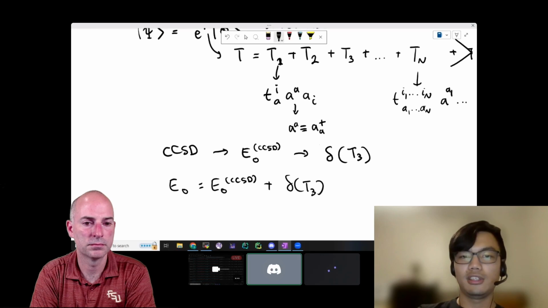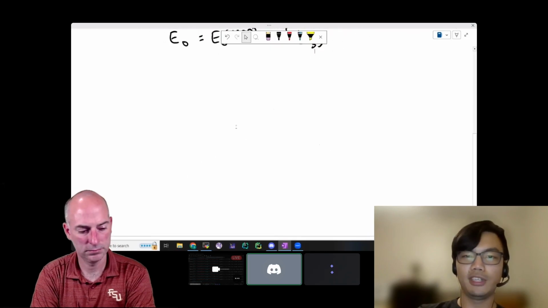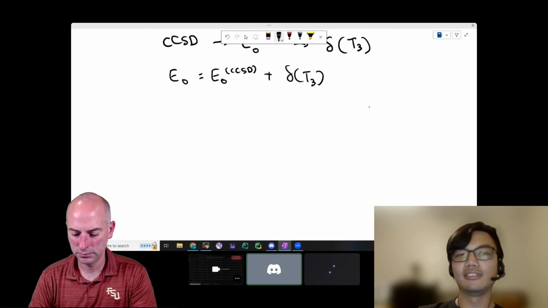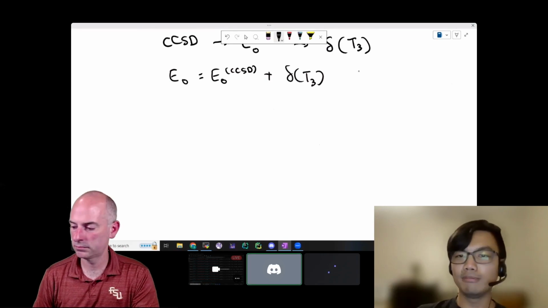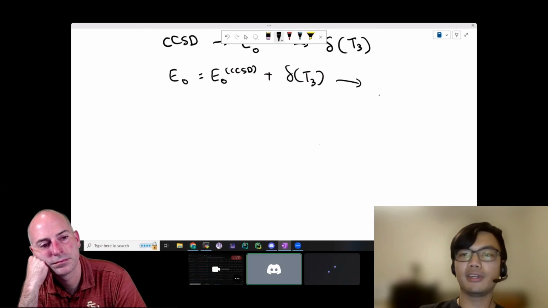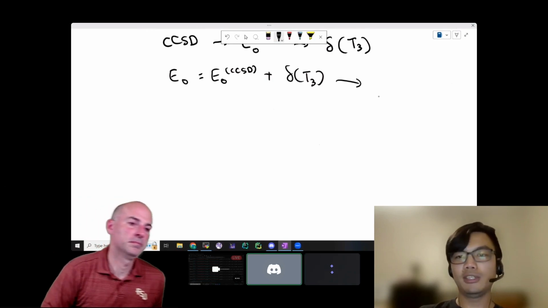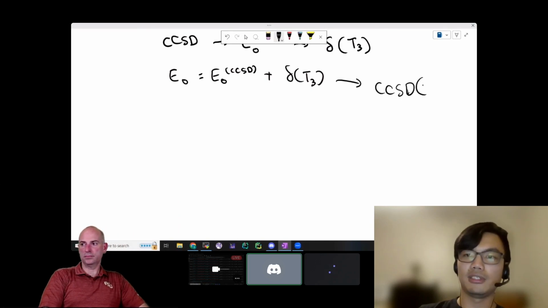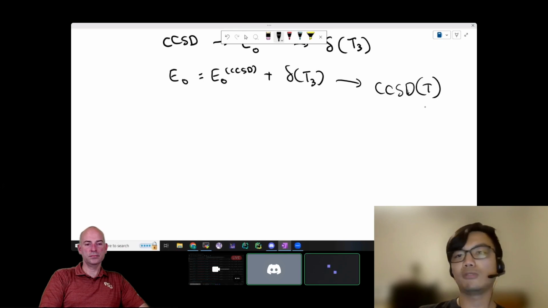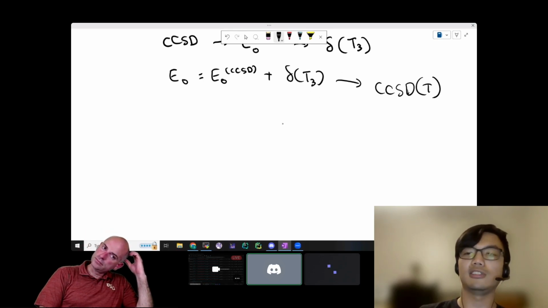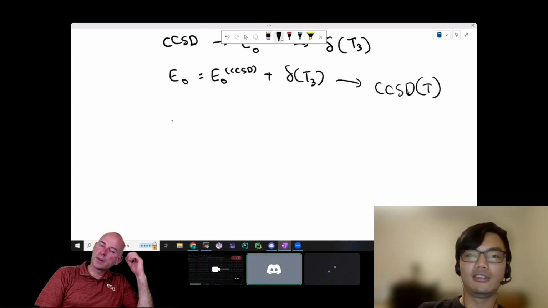In practice, there are a lot of ways you can do this, a zillion methods. You can also turn to alternatives where you do T3 iteratively, but there is a very popular method of including this T3 effect called CCSD(T), where you use arguments from perturbation theory to build this T3 correction. But now I will not look into that.